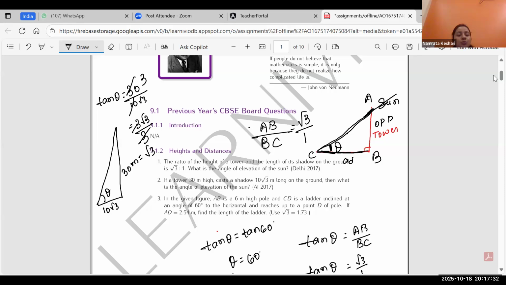Tan theta is just root 3. Which angle gives root 3 for tan? Again, 60 degree, the same 60 degree. Same way we will write tan 60 over there. We'll compare the angle over here with the angle over there, and hence we'll get theta as 60 degree. Clear?